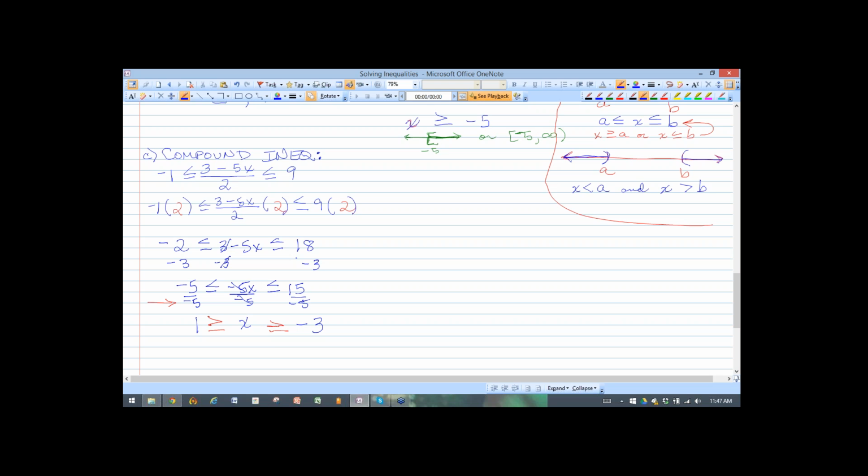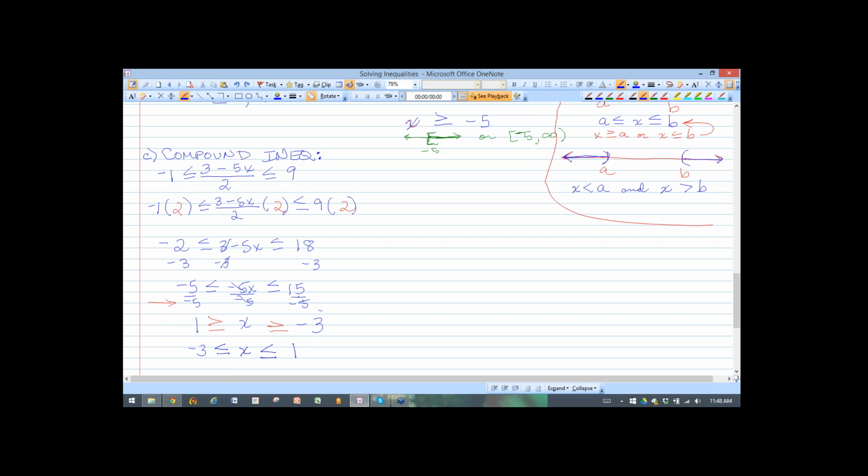Okay. Now I said earlier we want to read these from left to right, and I'm still sticking to that. So look, here's what we're going to do. We're going to put the smaller number, negative 3, we're just going to take this whole thing and write it that direction. Okay, so negative 3, and you want the alligator to still want to munch on the larger thing. So we're going to go this way.